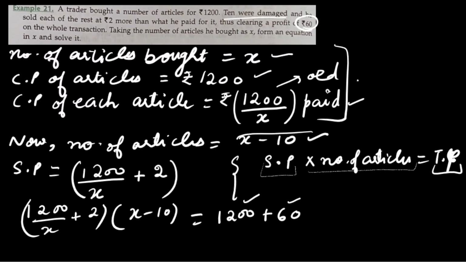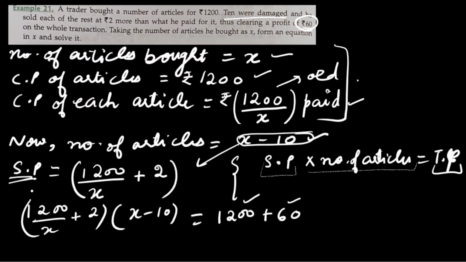He sold each by increasing the price by 2. So for these many articles, the selling price of each is 1200 by X plus 2, because he increased the price by 2 rupees.